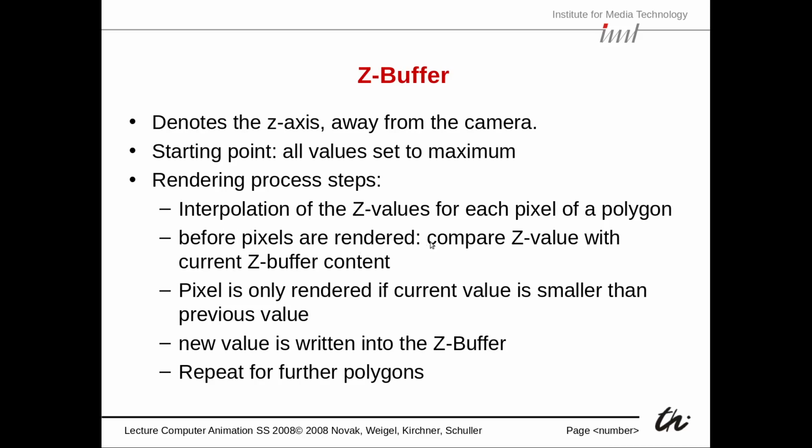Before pixels are rendered, we compare the Z value with the current Z buffer content. And the pixel is only rendered if the current value is smaller than the previous value, which means it's closer by. The new value is then written into the Z buffer, and then we repeat with further polygons. So basically this means we only draw polygons which so far are not hidden.